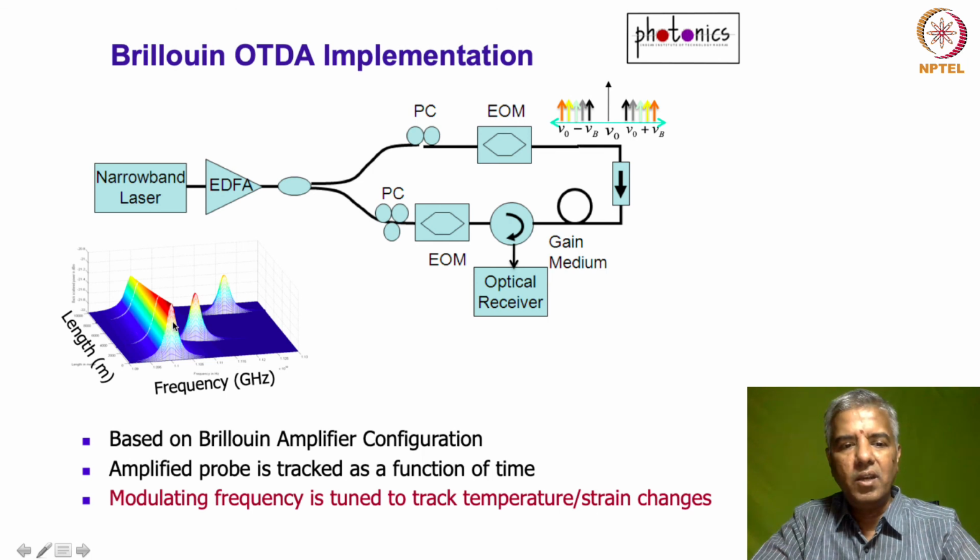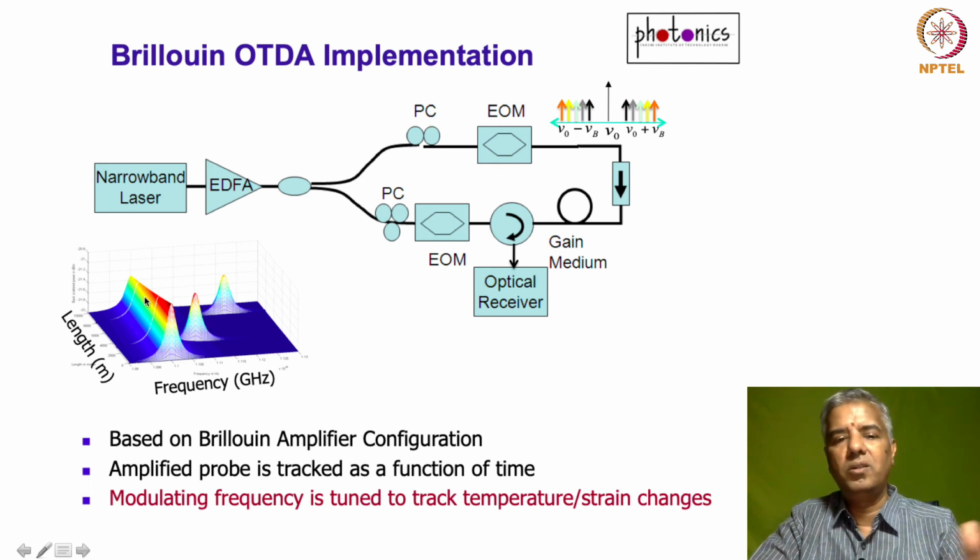You essentially get a map like this, where this is the Brillouin frequency corresponding to an unperturbed fiber. All along the length of the fiber there is no perturbation, but there is one section where there is maybe an event: the fiber is getting strained, or exposed to some hotspot along, let's say, a power cable. That will constitute a change in the Brillouin frequency.